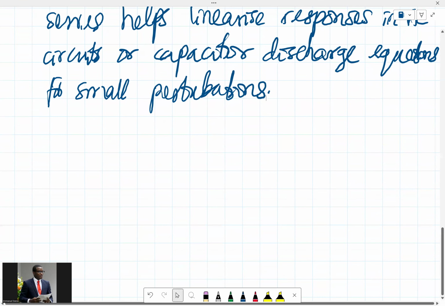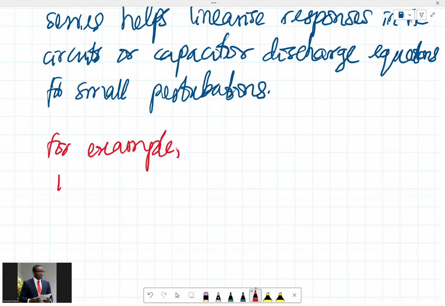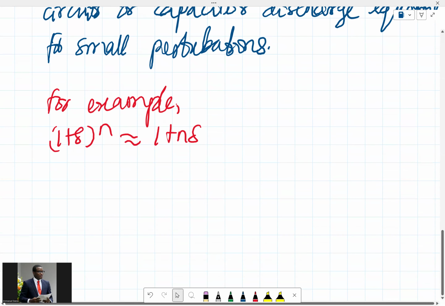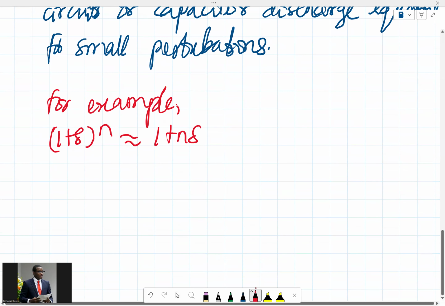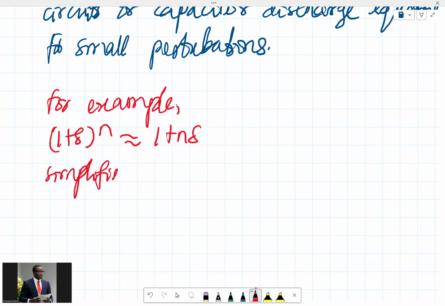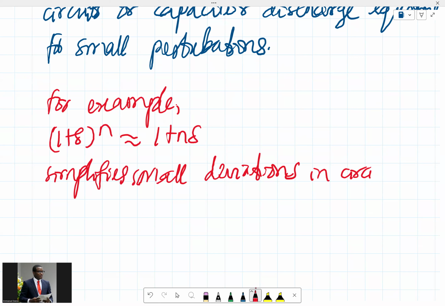Imagine, for example, that you have 1 plus delta raised to power n. Of course, that's approximately 1 plus n delta. We've seen this kind of thing a lot of times. So this simplifies small deviations in circuit parameters.